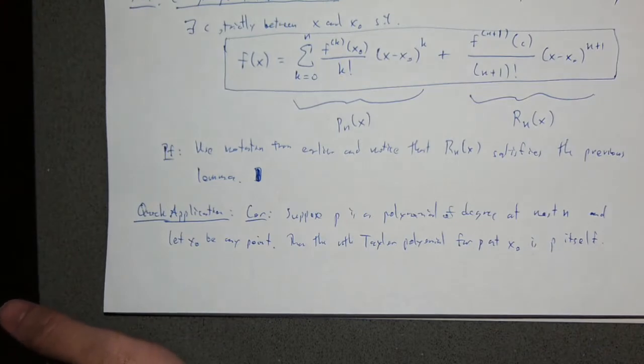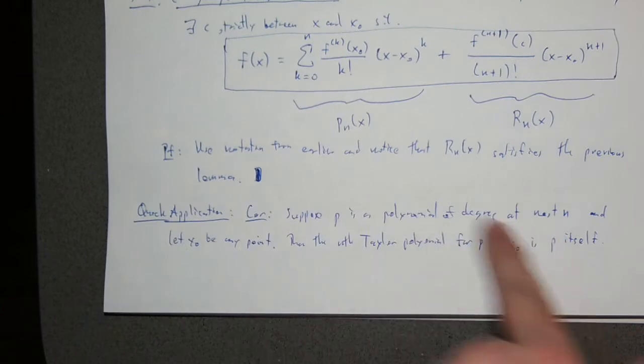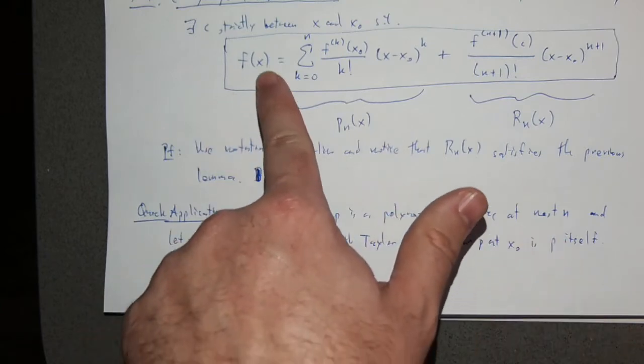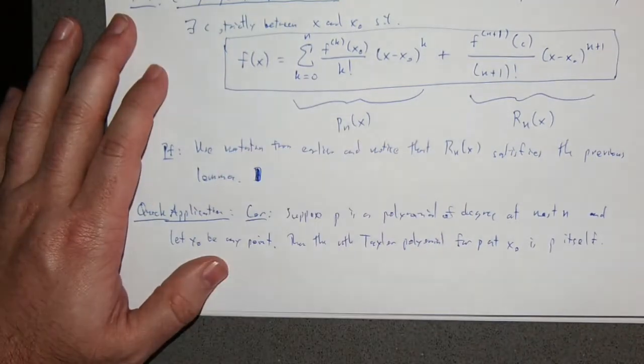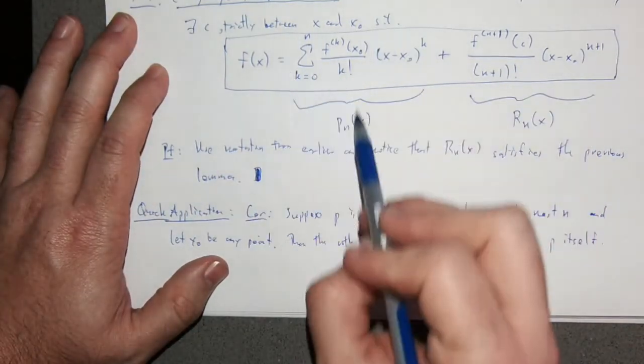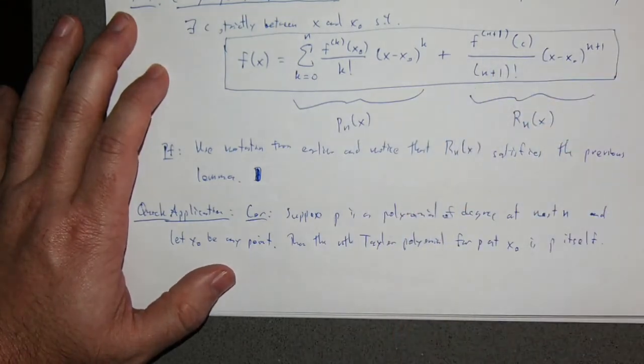How does that work? Well, essentially what you do to apply this previous limit to it is, for f here, substitute your polynomial of degree at most n. And so what you get here is, this is P of x. This is this expression, which is P sub n of x, plus this remainder term, right?